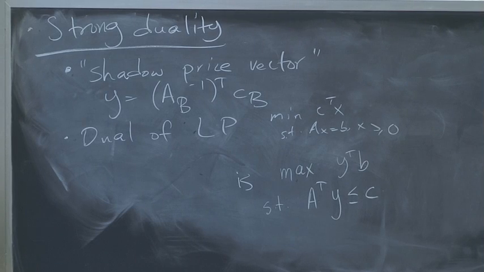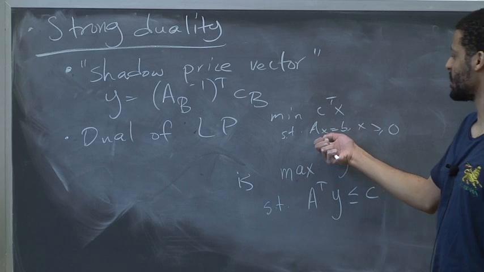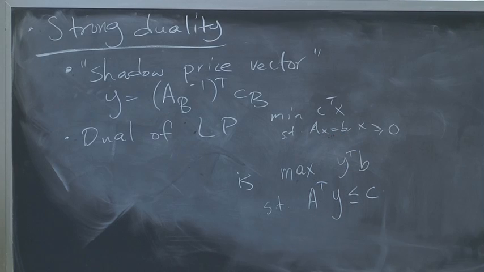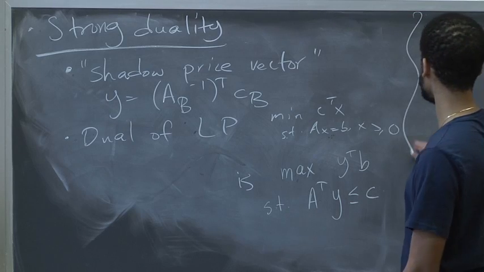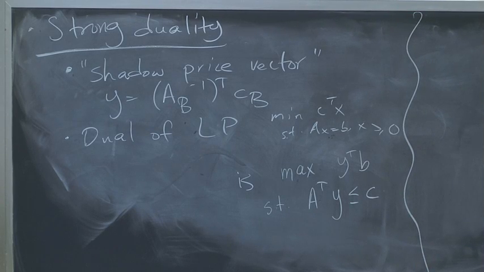Sorry, say it again. You don't because you have equality constraints. Yeah. So when you have equality constraints, the corresponding dual variable is unrestricted. Very good.